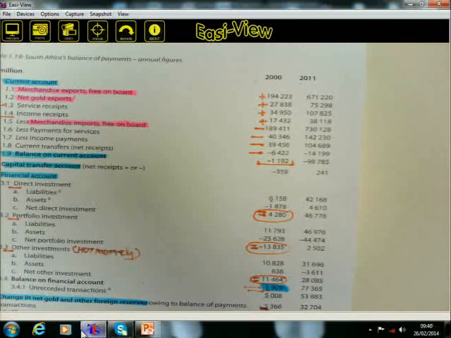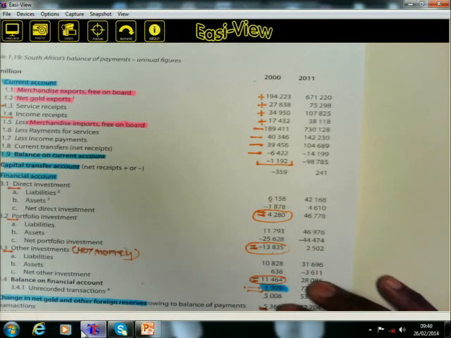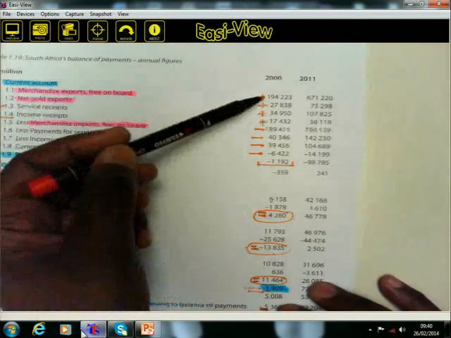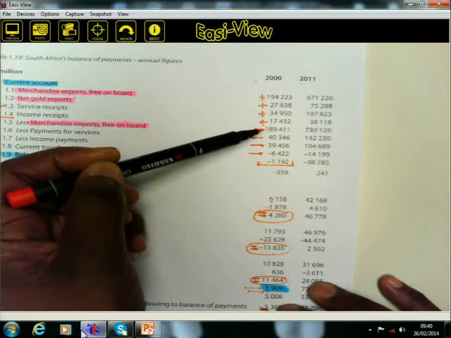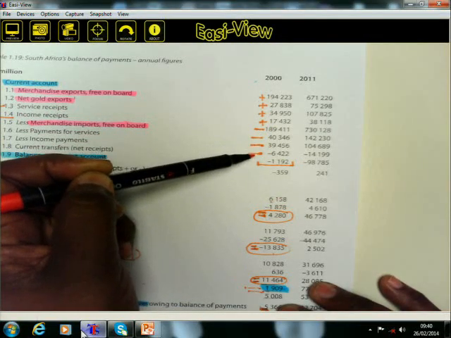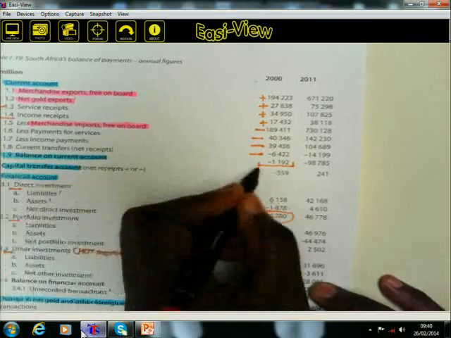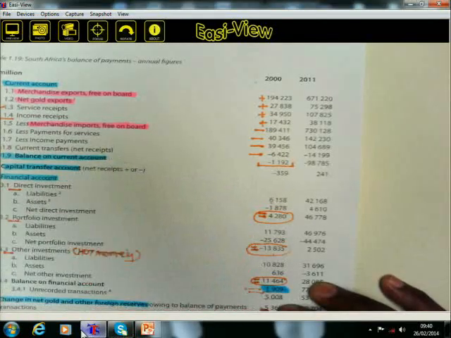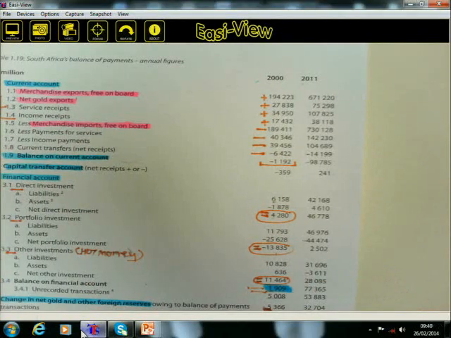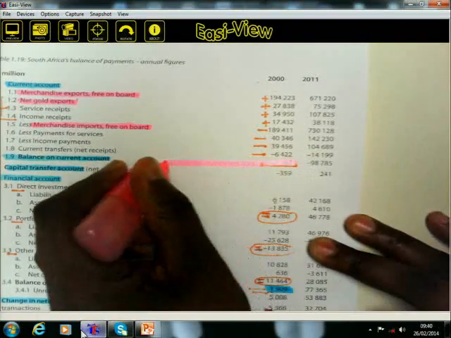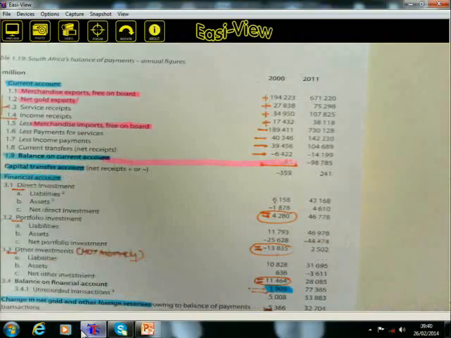We add, subtract, and this. Then the answer that we get, this one with pink color, will be our balance on current account.